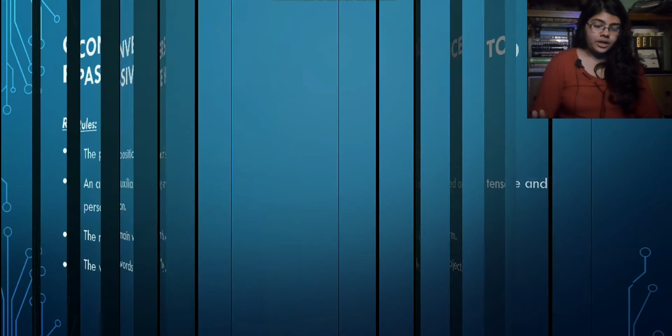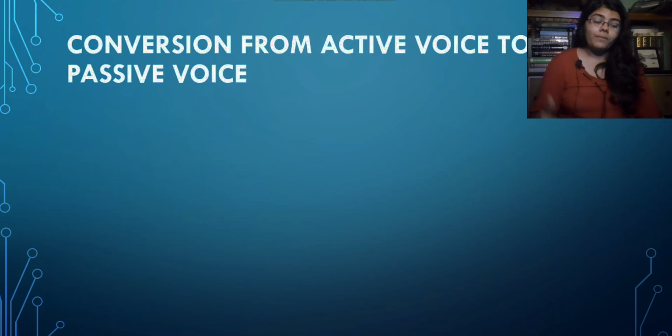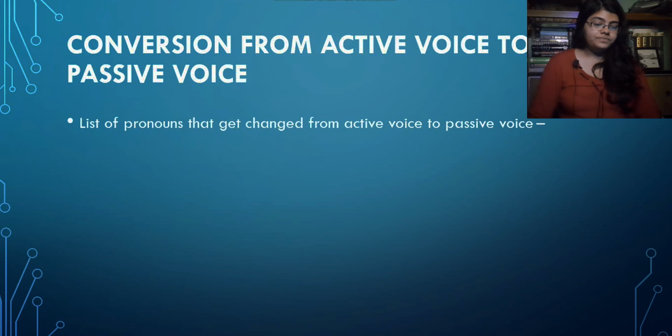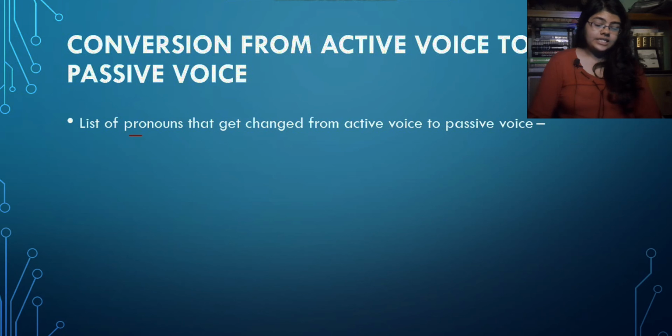Now, conversion from active voice to passive voice. The last rule. List of pronouns that get changed from active voice to passive voice. Here we will see a list of pronouns that get changed when we transform an active voice to a passive voice.